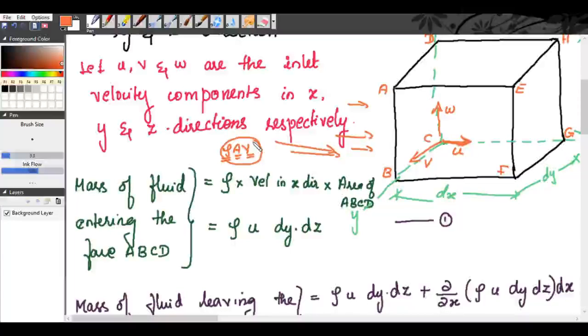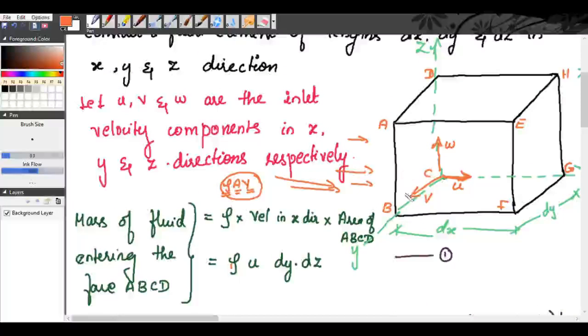So the mass entering the phase ABCD is the density multiplied by the velocity in x direction, which is u, multiplied by the area of phase ABCD.